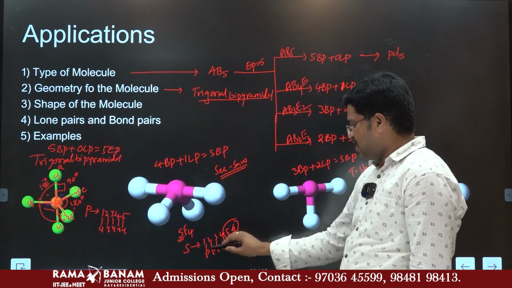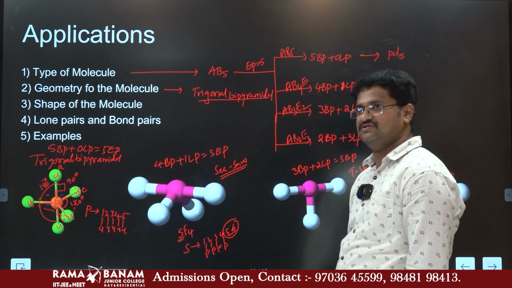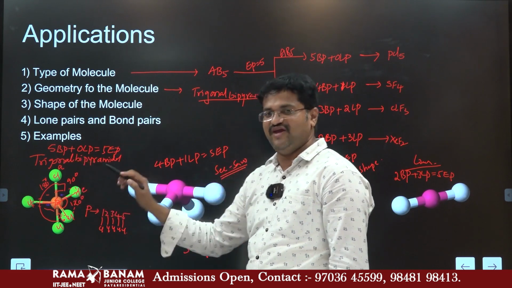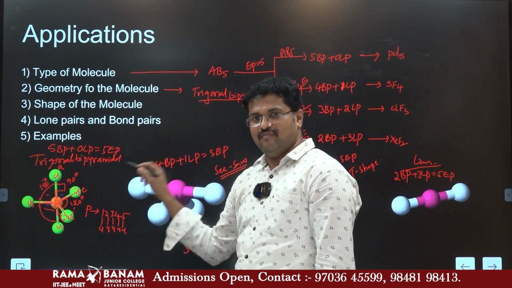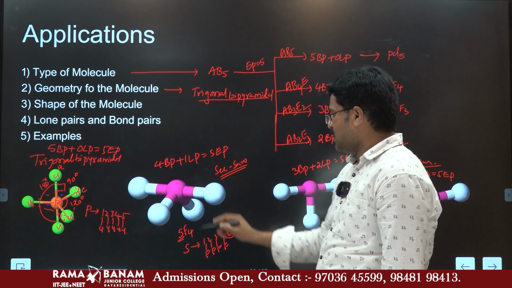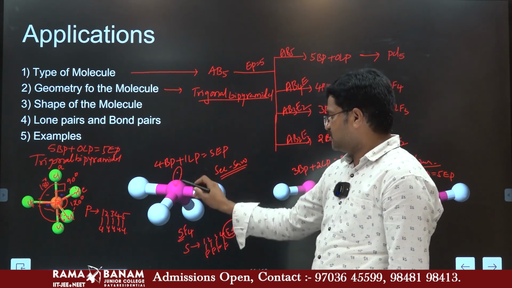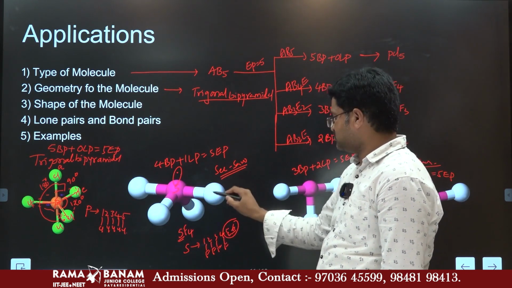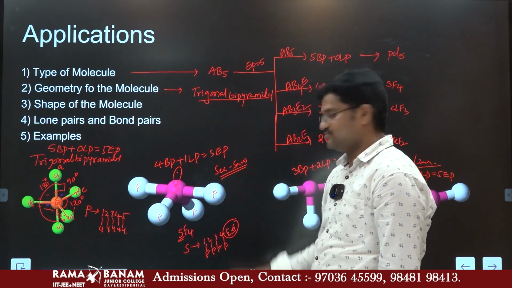Because of the lone pair-bond pair repulsions, the shape of the molecule deviates. Original geometry is trigonal bipyramidal, but the actual shape is seesaw because of the 1 lone pair on the central atom. Here the central atom is sulfur, with 4 fluorines: 1, 2, 3, 4.